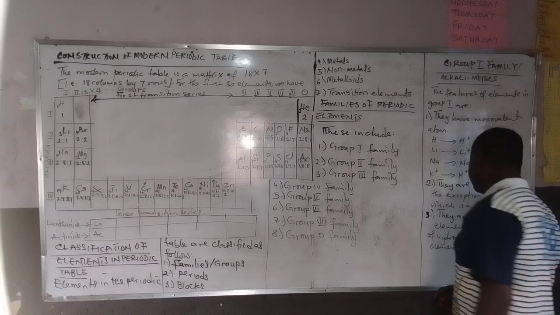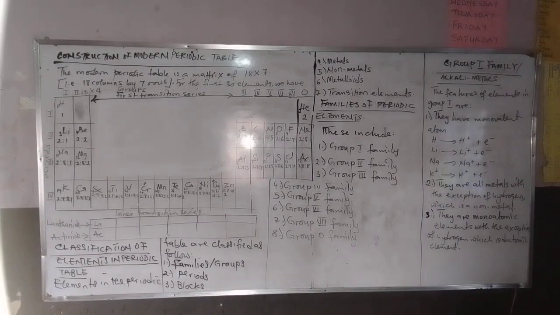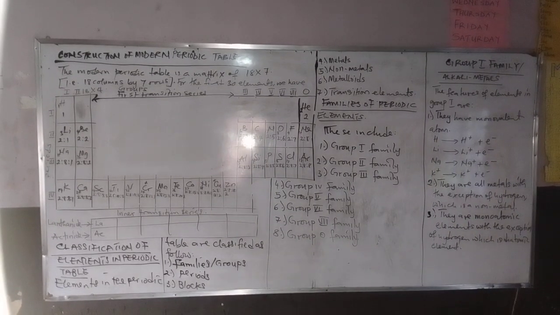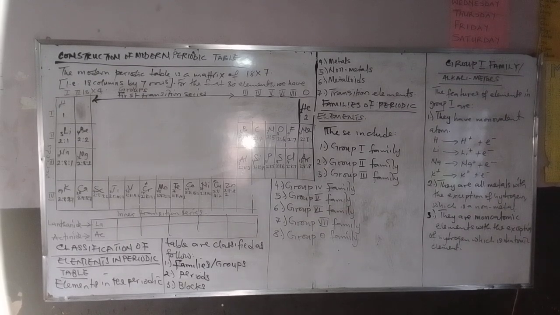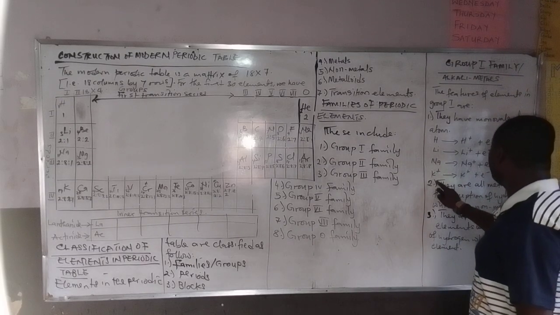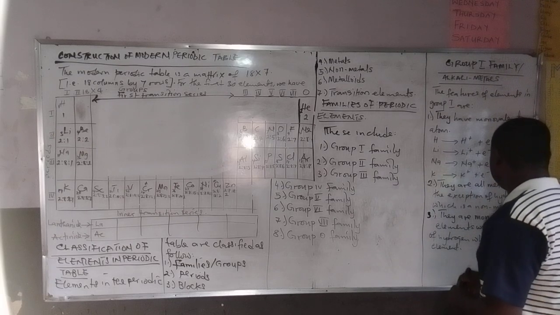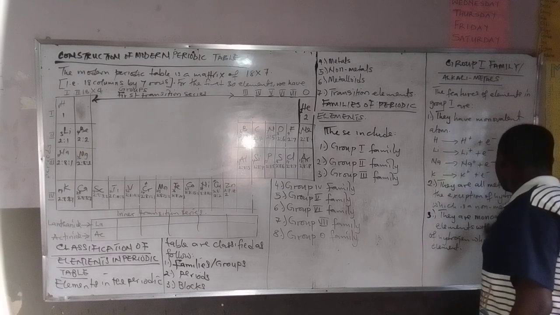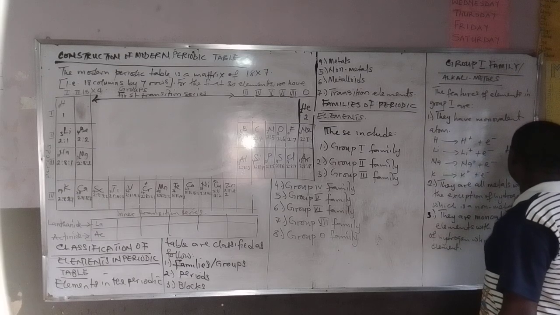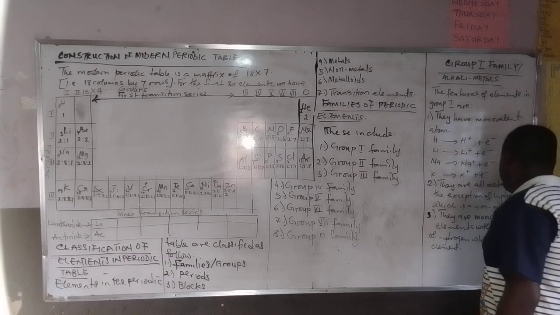Now, what do I mean by that? When you are writing an equation and you are involving elements in group 1 as a free element in that equation, you write them without putting anything down. Like here, sodium is standing, nothing is put here. Potassium is standing, nothing is put here. But if it is hydrogen, one molecule of hydrogen must be written as H2. This means one molecule of hydrogen contains 2 atoms. So that is what we mean by that.